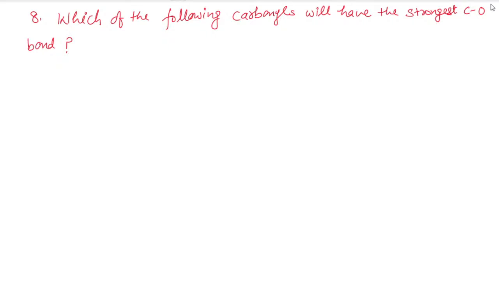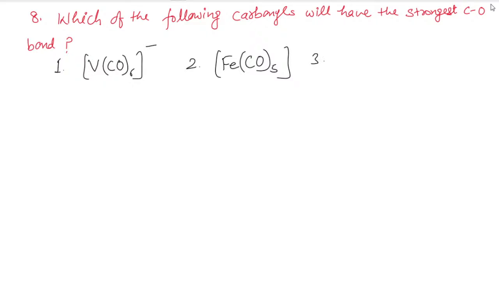Okay, so first is V(CO)6 1 negative, second is Fe(CO)5, third is Mn(CO)6 1 positive, and fourth one is Cr(CO)6.